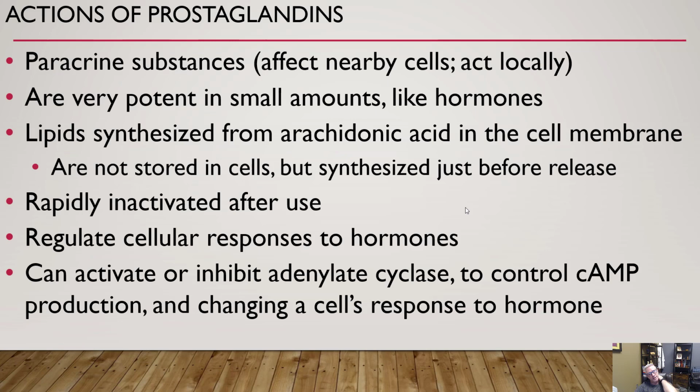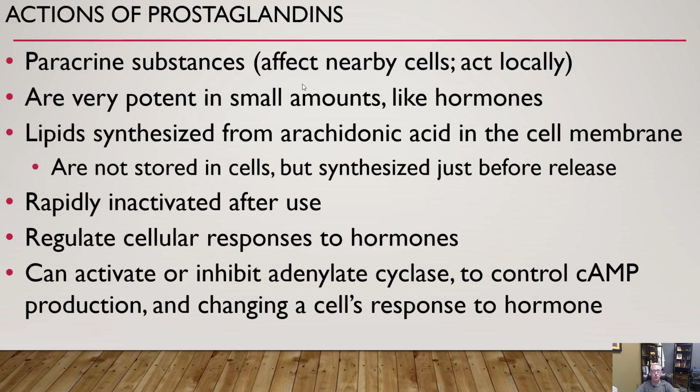All right, prostaglandins. Prostaglandins are paracrine substances. Remember, paracrine substances affect nearby cells, so they're going to act locally. Again, they're very potent in small amounts, just like hormones. They are lipid soluble. They are synthesized from arachidonic acid in the cell membrane.